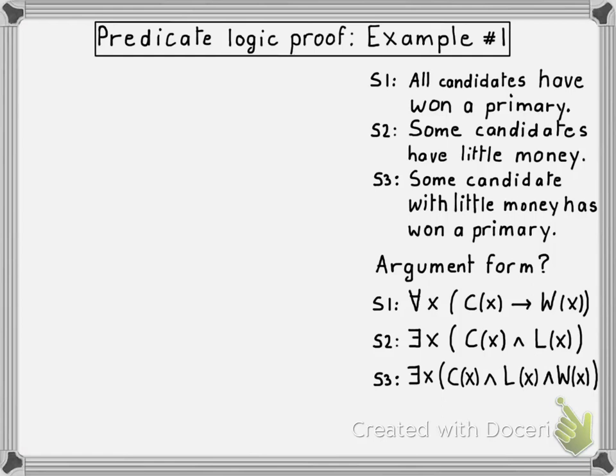So now the question is, is this argument valid? In other words, is S3 a logical consequence of the conjunction of the premises S1 and S2? To answer this question, since we're in predicate logic, we can't use truth tables. We're going to have to write a formal proof.